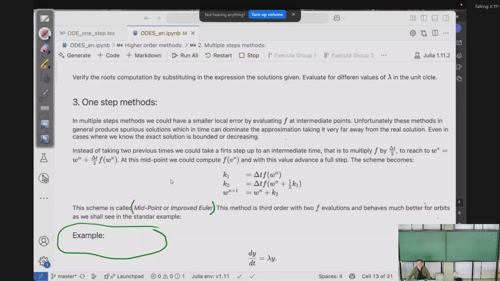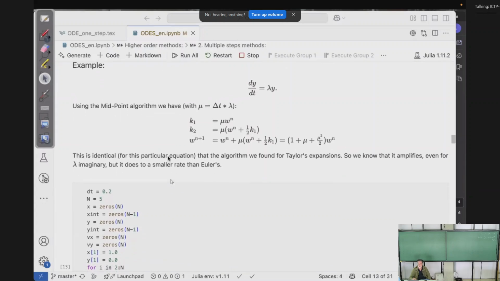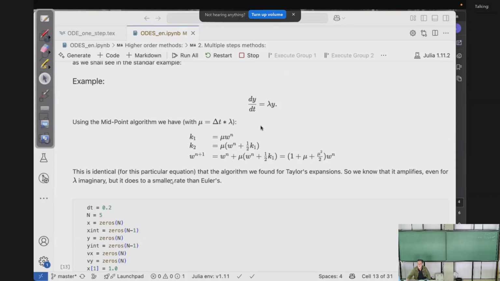So let's see how it works. And I claim that this is second order. We are going to do that calculation later. So we use also the linear equation as before.